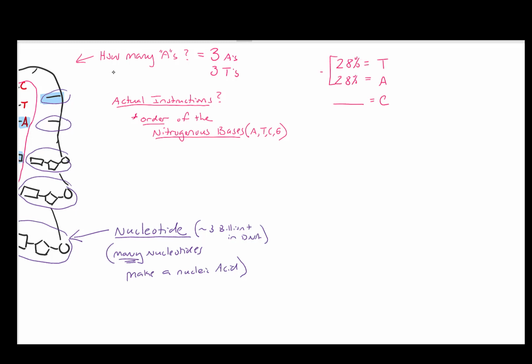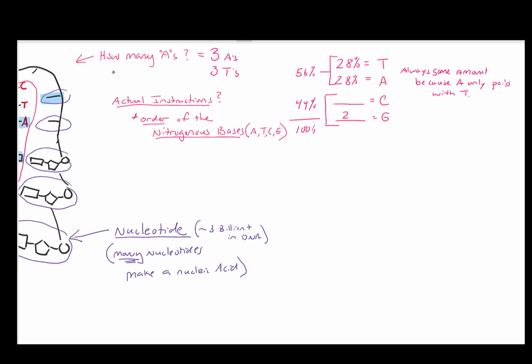So if 28% of a piece of DNA was T, 28% is going to be A, because they're always the same amount. So how much is C? Well, if you add 28 and 28, 56%. That leaves, in order to get to 100%, about 44% left. 44% of the DNA is C and G. C and G have to be the same amount, though.